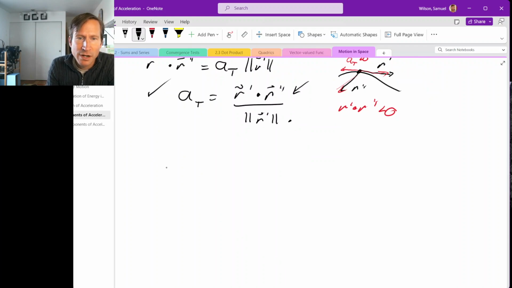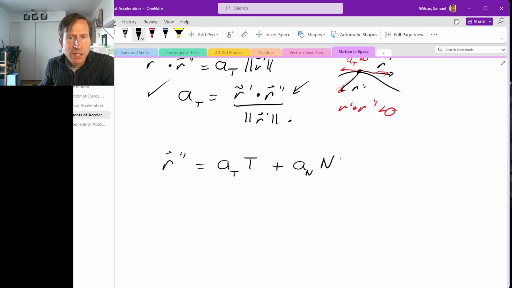So remember, our strategy was to take r double prime and write it as some tangential acceleration times the unit tangent plus some normal acceleration times the unit normal. And we know what this tangential acceleration is. Now, dotting with r prime worked so well. You might think the reason that worked so well is because we know that n is perpendicular to r prime, and so this part dropped out.